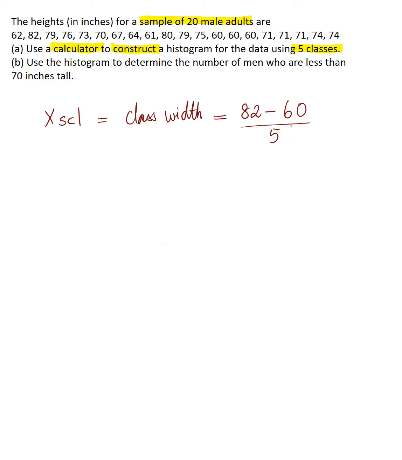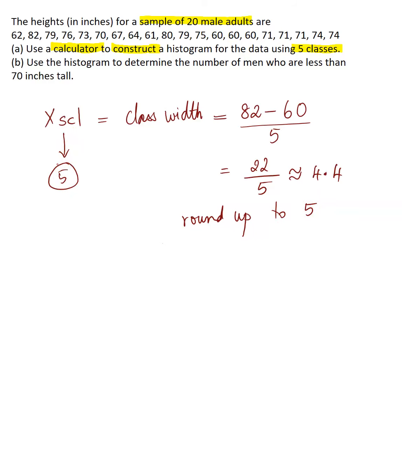So if you look at the formula itself, that comes out to be 22 over 5, which is approximately 4.4. Now look at your data values. They do not have any decimal values. Therefore, we want to round up to 5. So your class width, we want this to be 5.